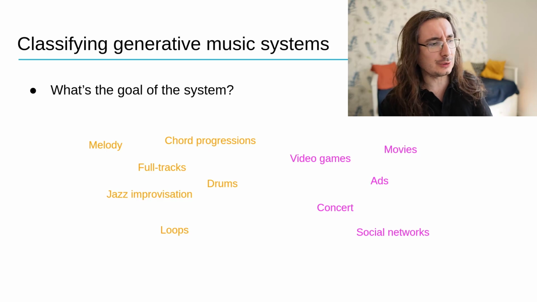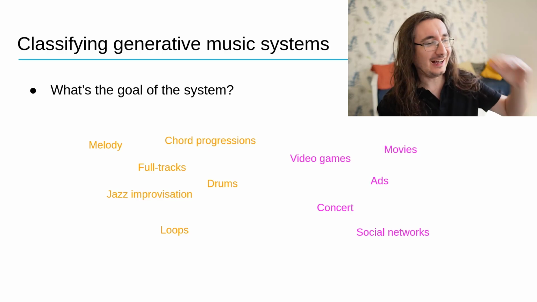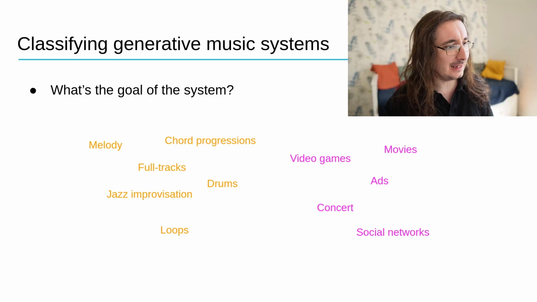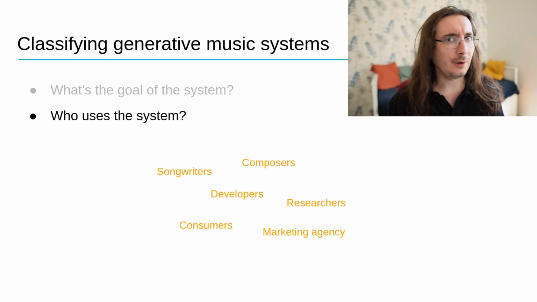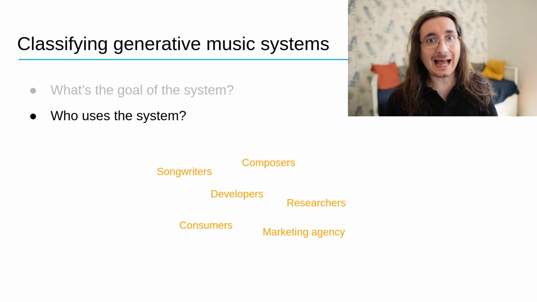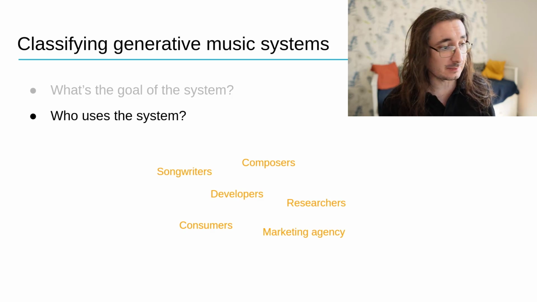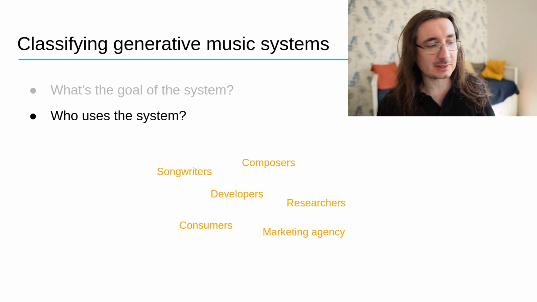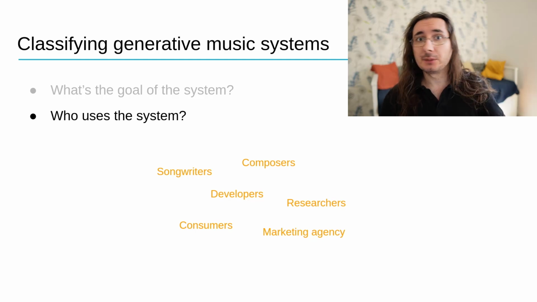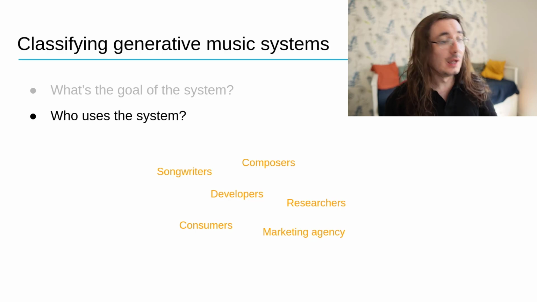Now, next question we should ask to pinpoint a generative music system is, who's the user of this system? Well, there are many users that can actually use different generative music systems. So certain more professional generative music systems will be used by composers, by producers, by songwriters.